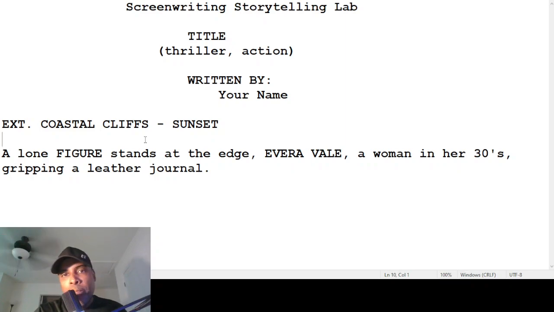Okay, so we are on the coastal cliffs. It's an action thriller, if you will. And a lone figure stands at the edge, a woman in her 30s gripping a leather journal. Okay, so we're going to try to get a log line here in a second.